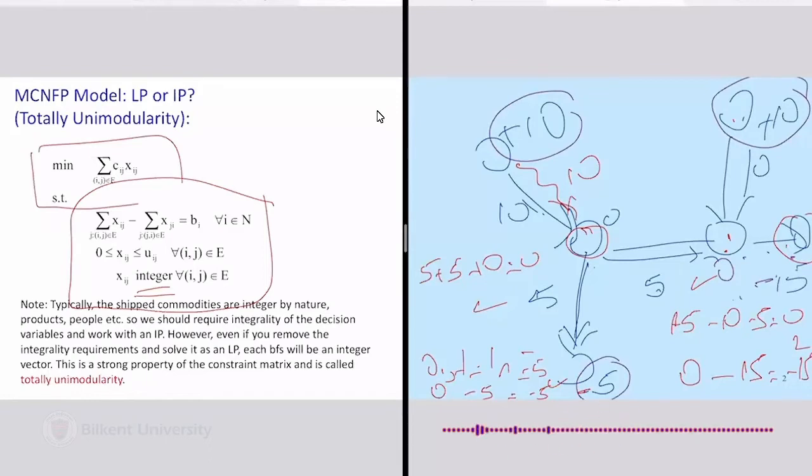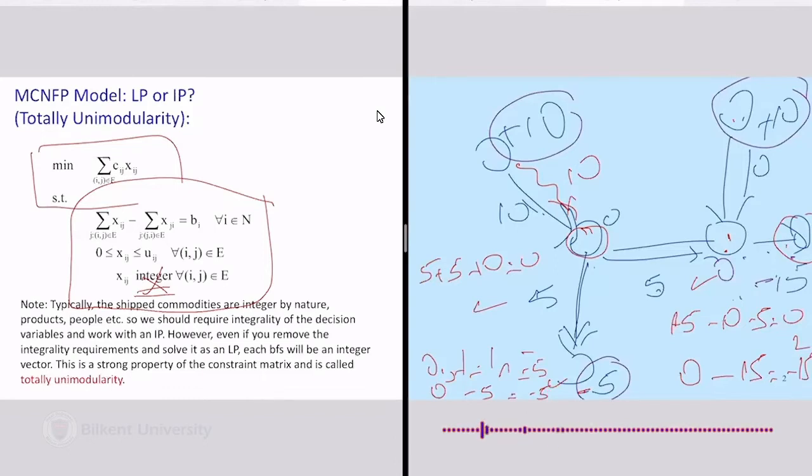We call it total unimodularity. What I mean is we forget about this integrality. We just give this to our solvers that you will be learning, like Xpress, CPLEX, whatever, Excel, all right? And we just give these to our solvers without declaring integrality.